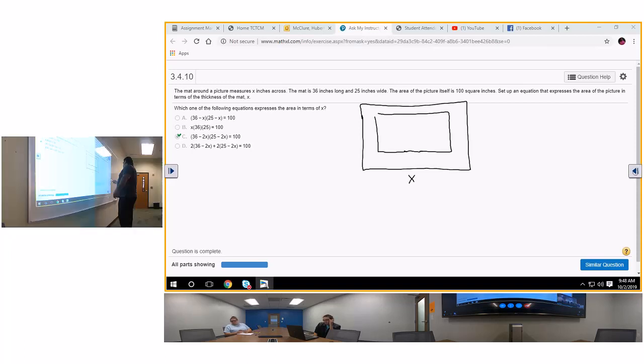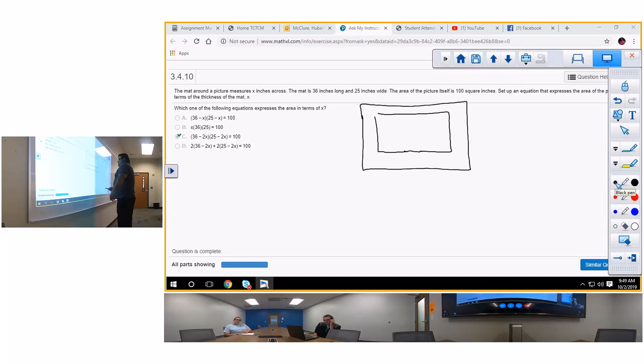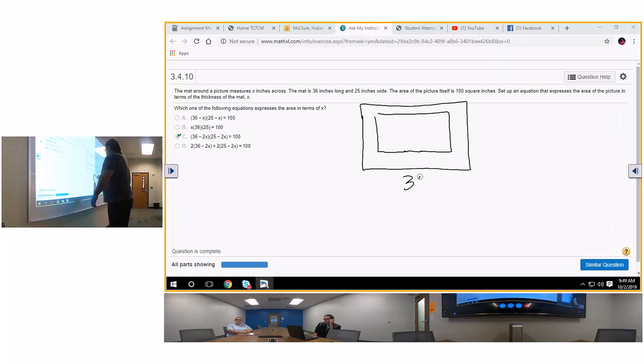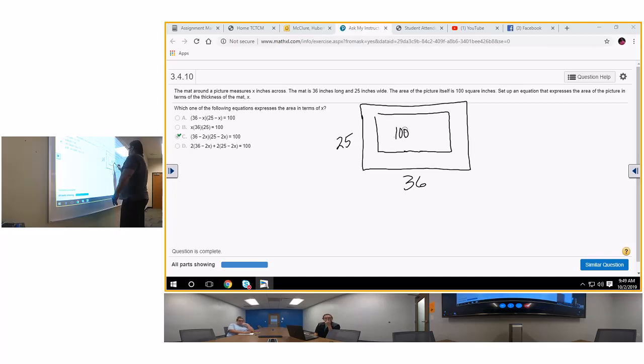The way it sounds to me, the mat is 36 inches long and 25 inches wide. The area of the picture itself is 100 square inches. Set up an equation that expresses the area of the picture.